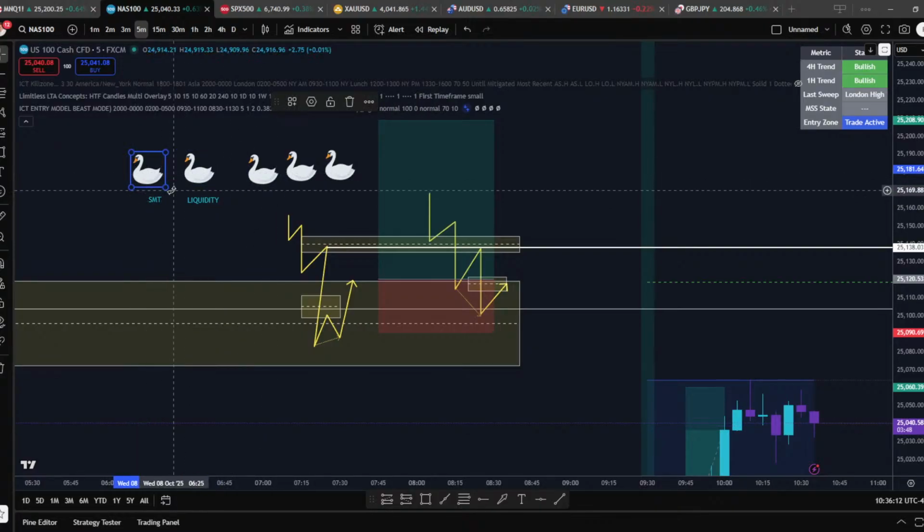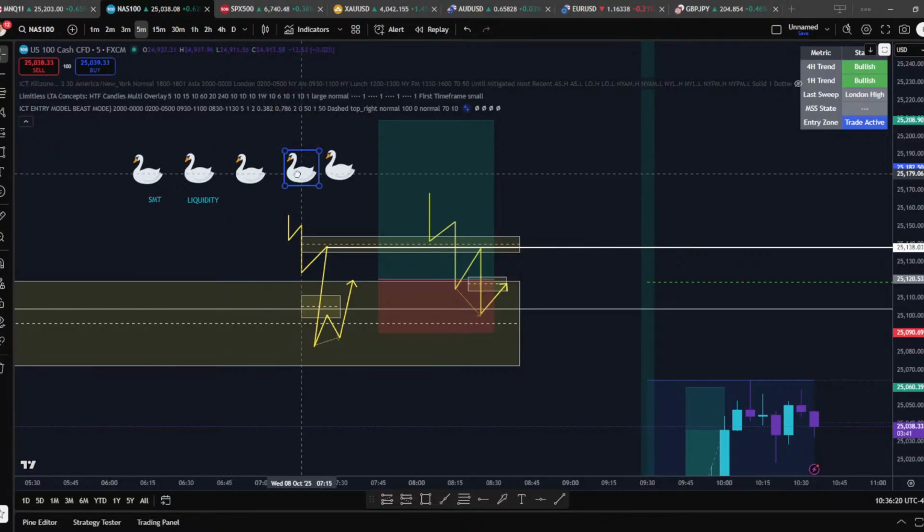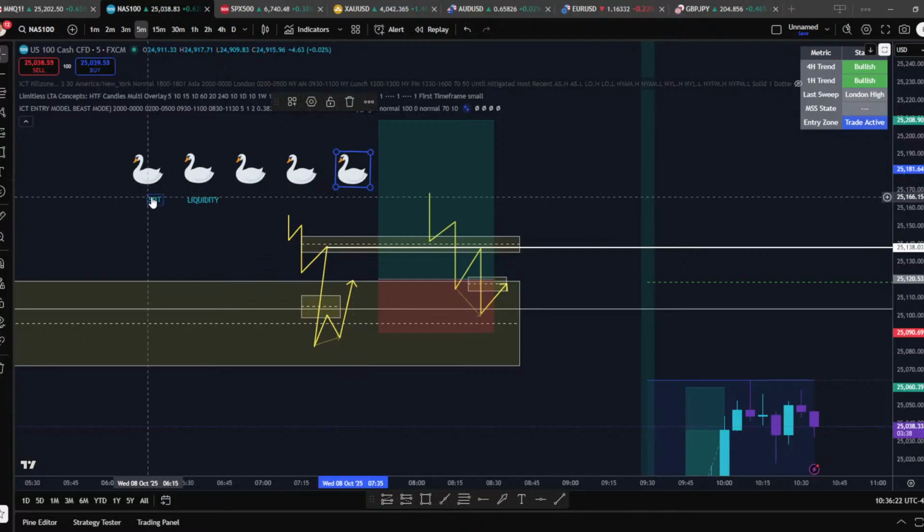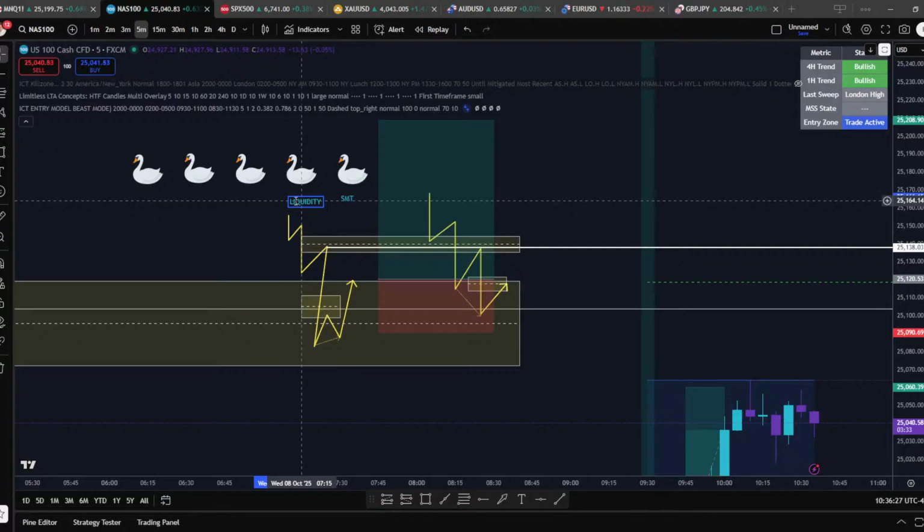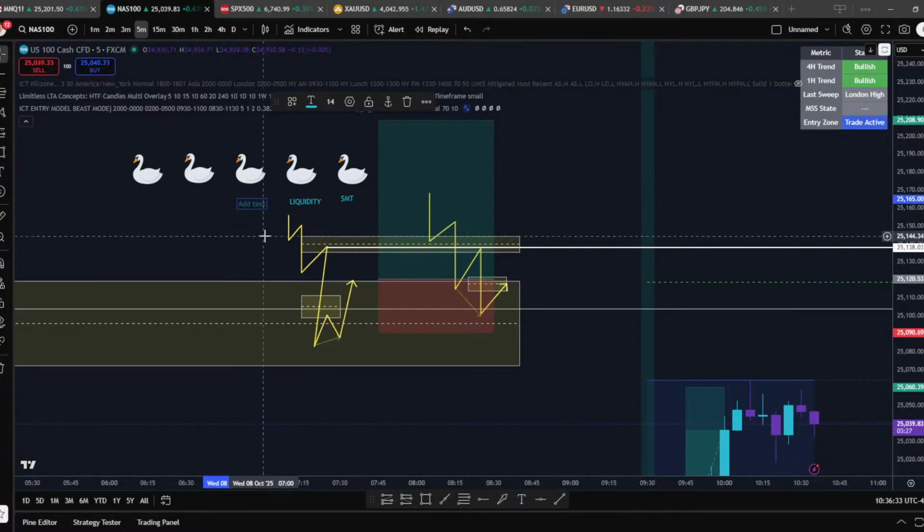Okay. Let's do it from left to right. SMT liquidity. Let's go high FVG.